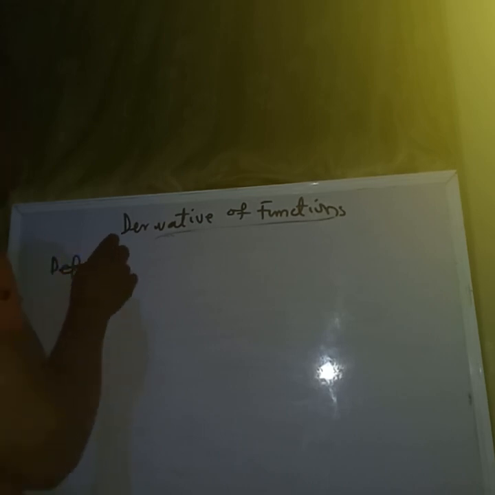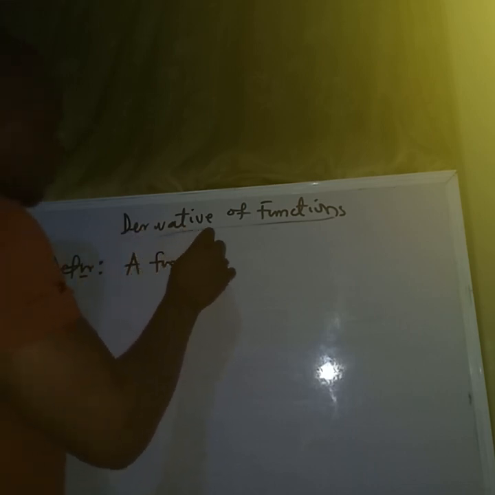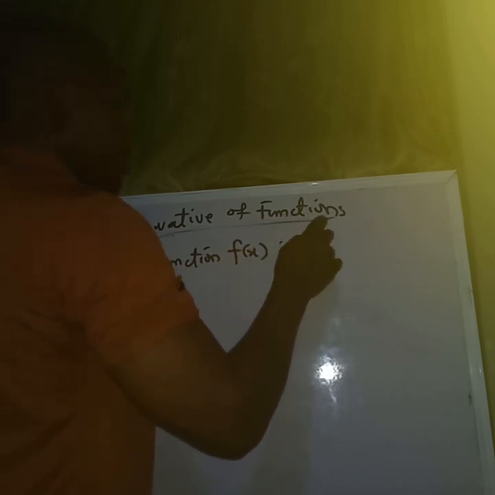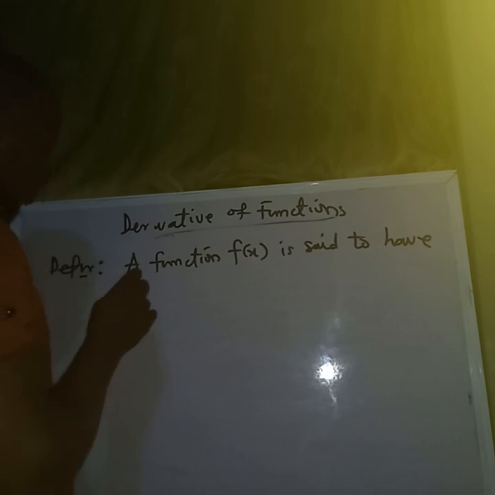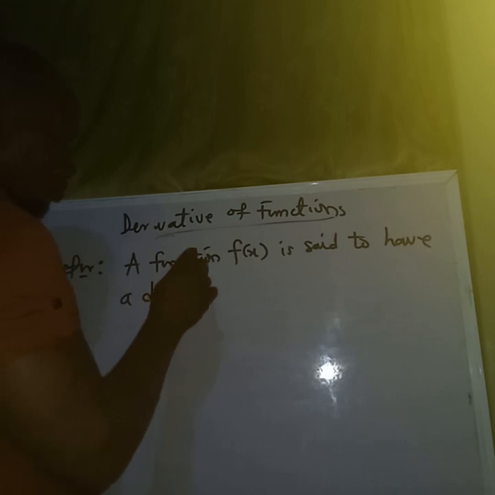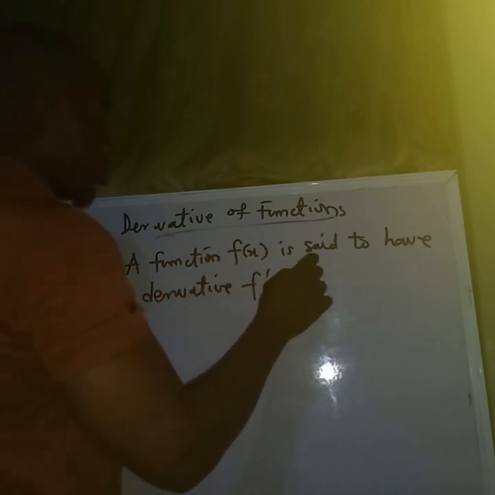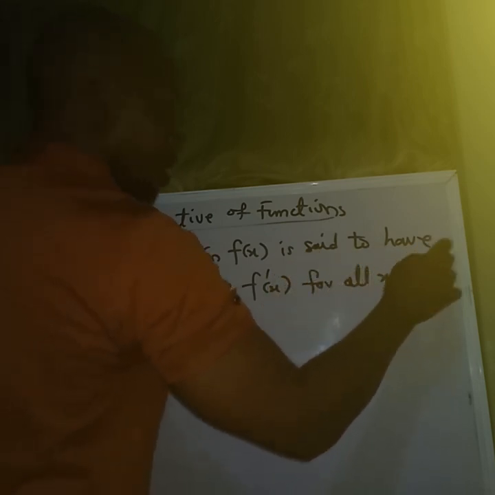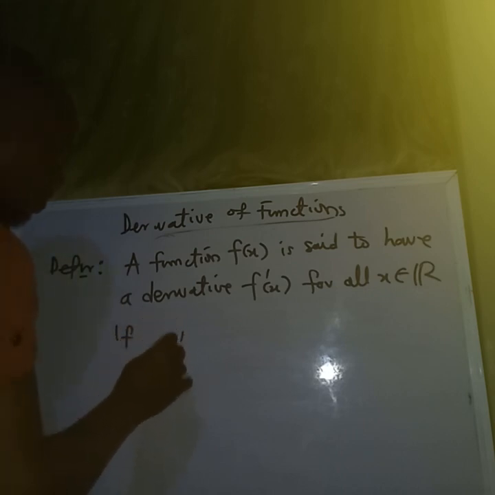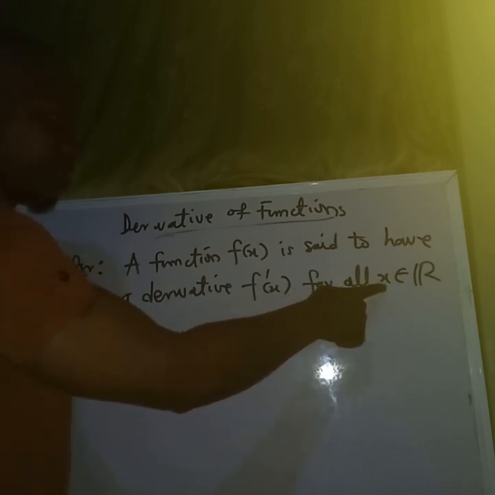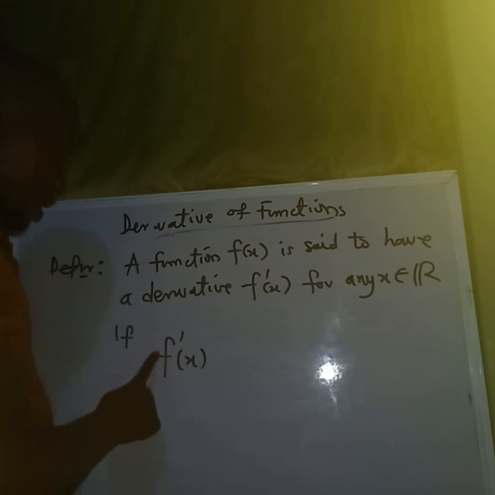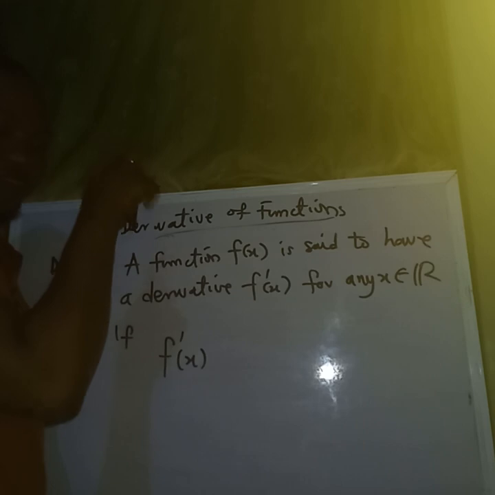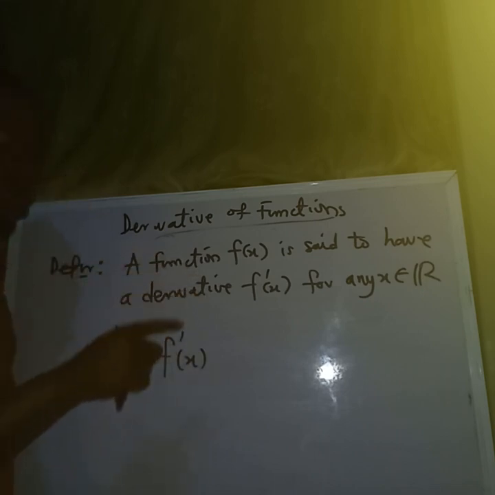Definition: we say a function f of x is said to have a derivative for all x in R, and this time we call this f prime of x, since we are evaluating this for any x in R. Here, instead of a, which we have in the earlier formula, it will be x, because a connotes a particular point, while x connotes any point. So x is a variable in this case.